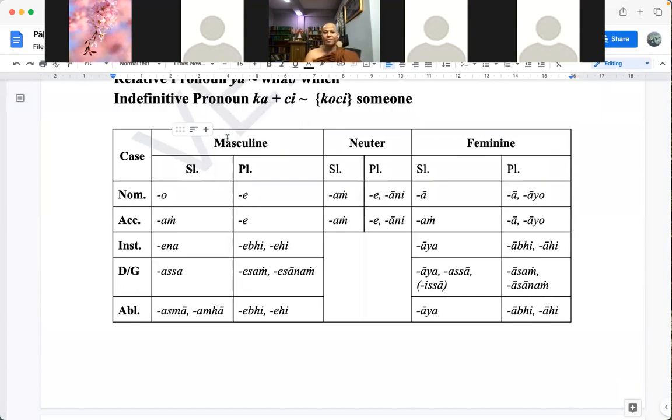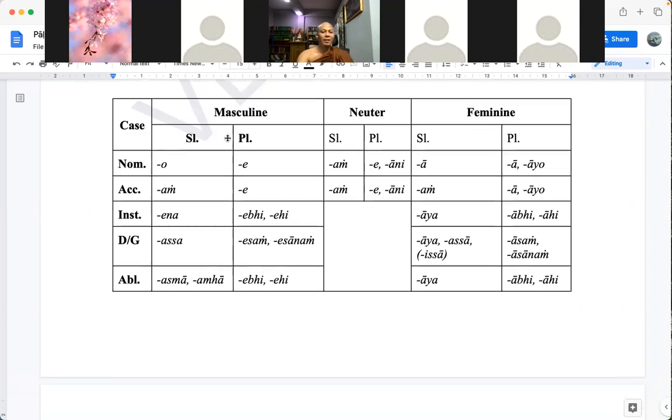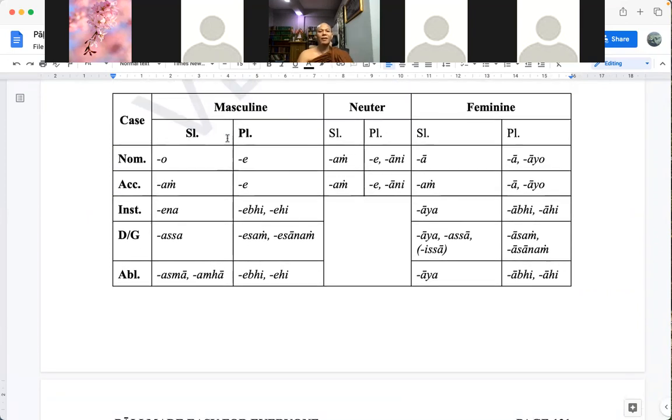In the consolidated table, previously at the beginning we learned it is I and we, ahaṃ and mayaṃ. And here the first person is now amha, and the second person is tumha, you, which we have learned as tvaṃ and tumhe, Bhante.